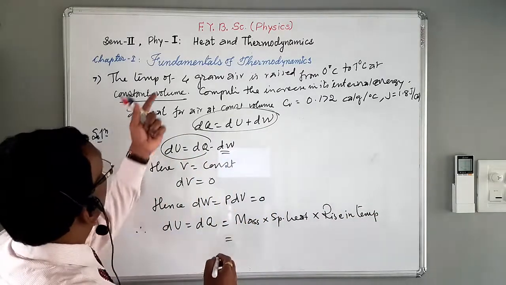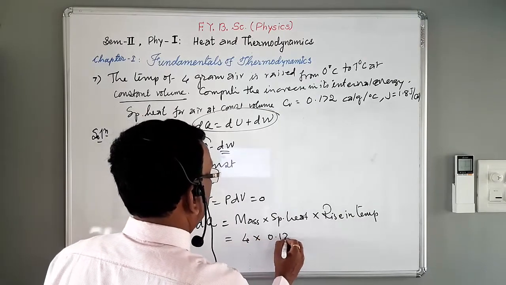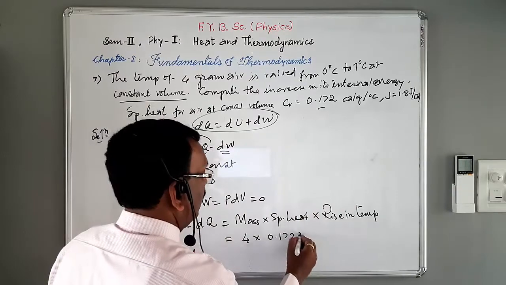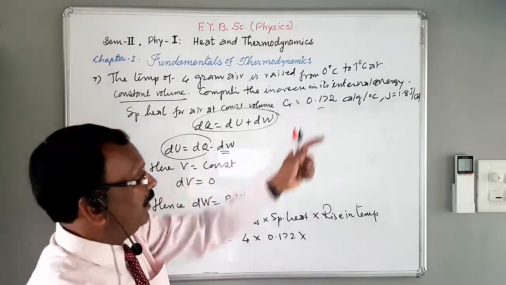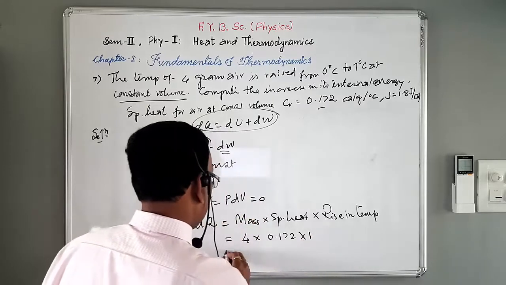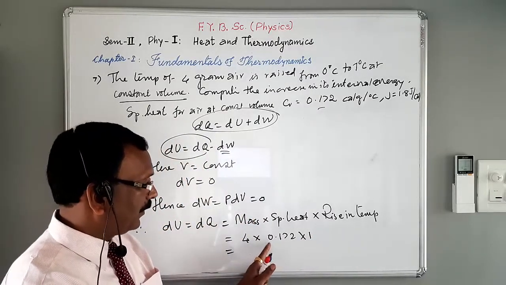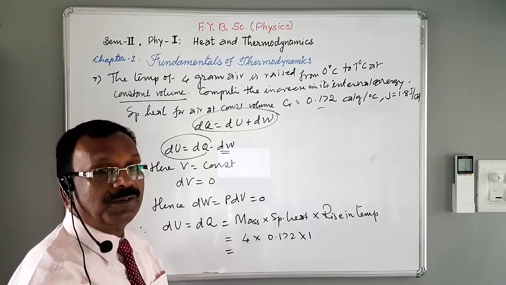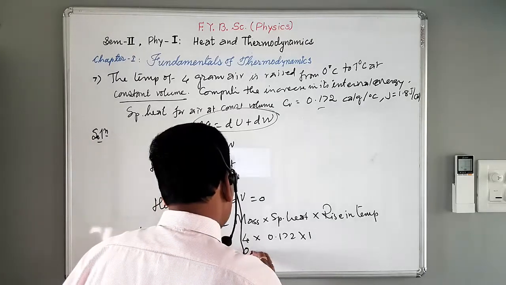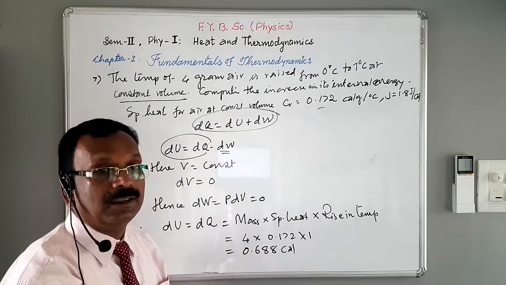So mass 4 gram into specific heat 0.172, and rise in temperature 1 minus 0 into 1. Simply make the calculation of 4 into 4 and 0.172, and this is nothing but 0.688 calorie.